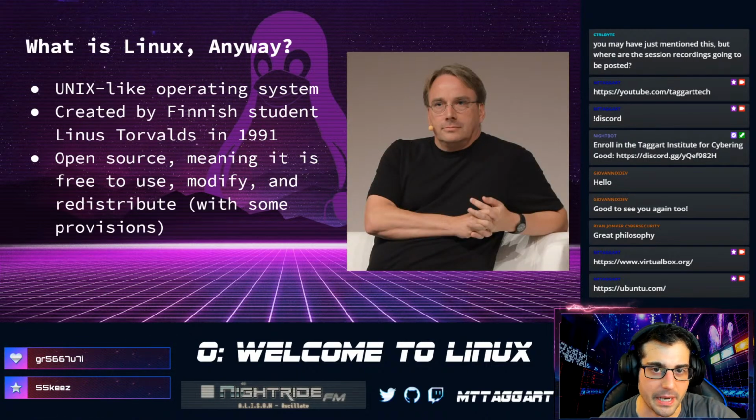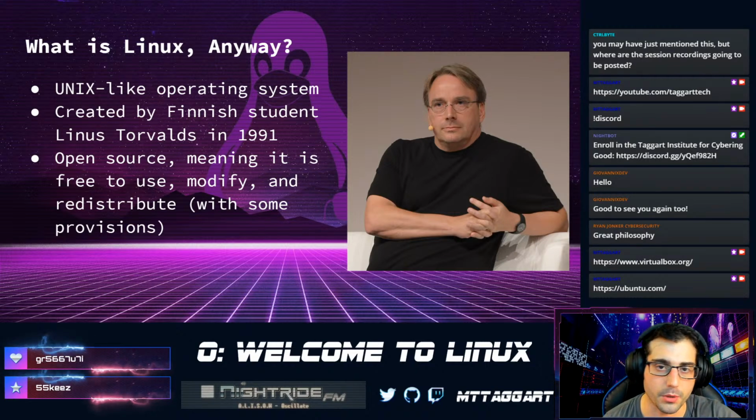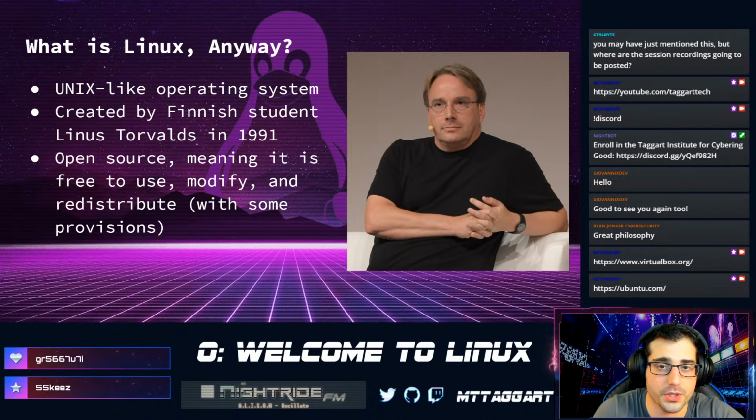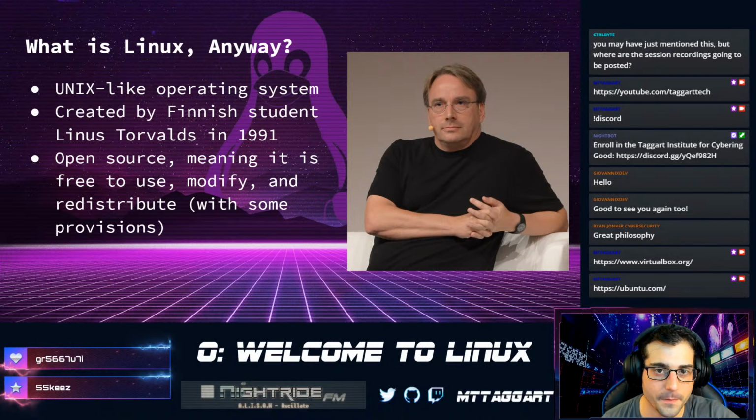Linux is by definition what's known as a Unix-like operating system, and we'll talk about what Unix is in just a minute. It was created by a Finnish computer science student in 1991 by the name of Linus Torvalds, and he was just doing it as a hobby. There's a very famous post from September of 1991 where he said it's never going to be a big thing like Minix, which was another Unix-like operating system at the time, but here it is, and I'm toying around with it.